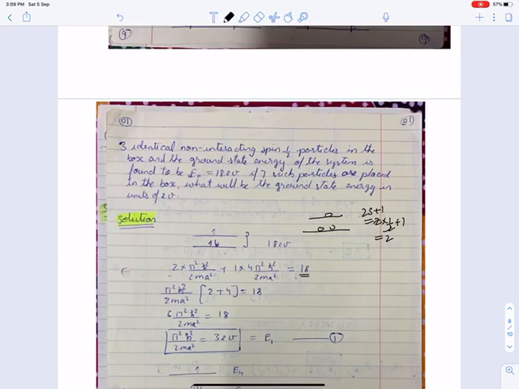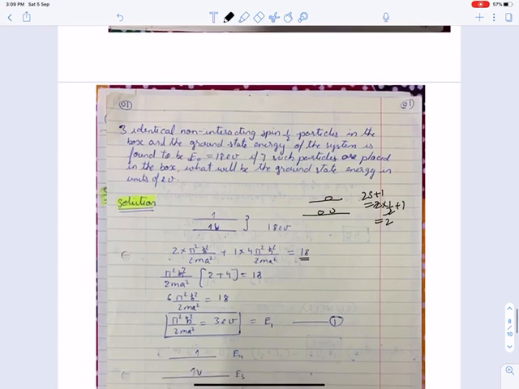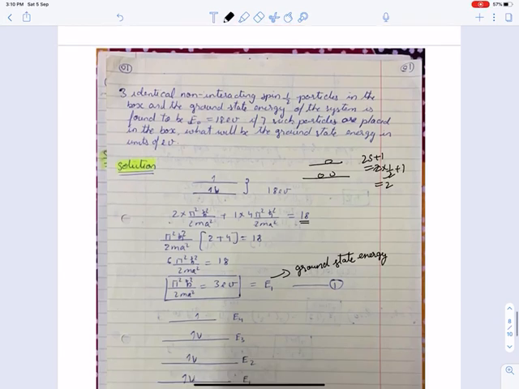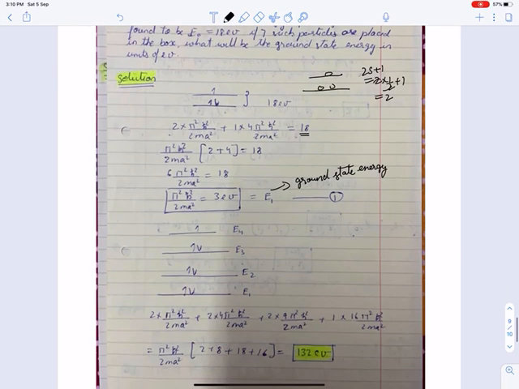So pi square h cut square upon 2m square is equal to 3 electron volt, from the ground state energy. Okay, so now you will put 7.